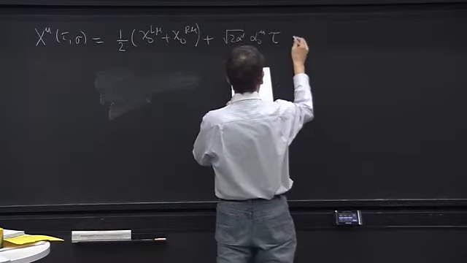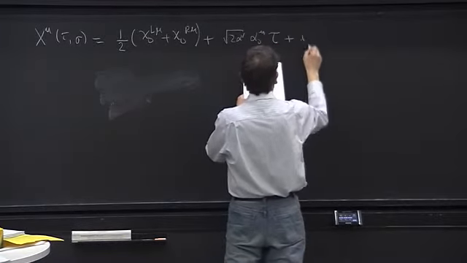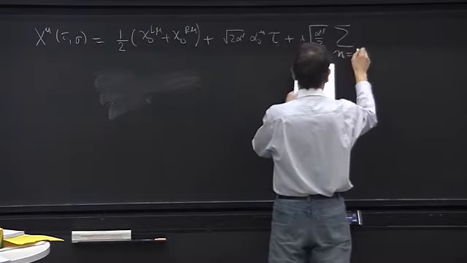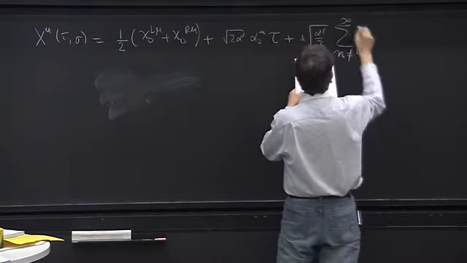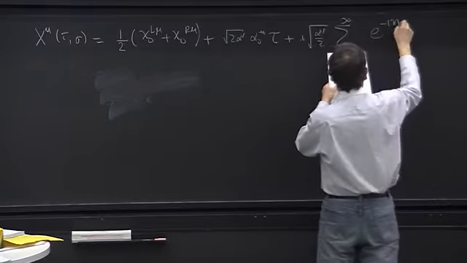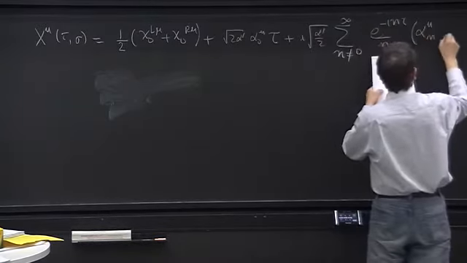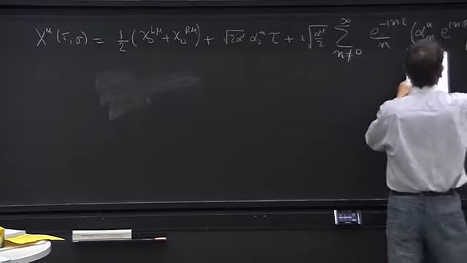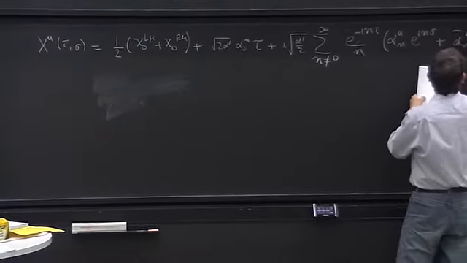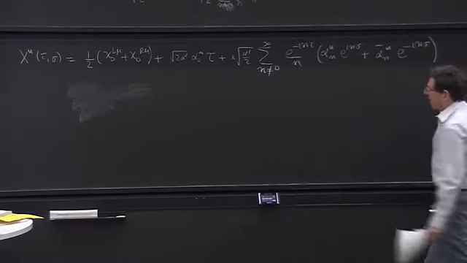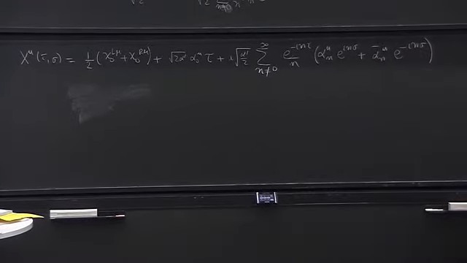Here, plus I square root of alpha prime over 2, sum over n different from 0 to infinity, e to the minus i n tau over n, alpha mu n e to the i n sigma plus alpha n mu bar e to the minus i n sigma. OK, that's how a full closed string coordinate looks like.